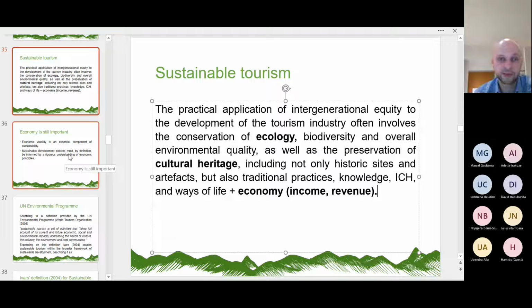A multiplying effect means that once the money is spent by the tourist at the hotel or restaurant, it starts recirculating in the economy. For instance, when the tourists spend money in the restaurant, then the owner of the restaurant uses this money to buy the products from the local farmers.